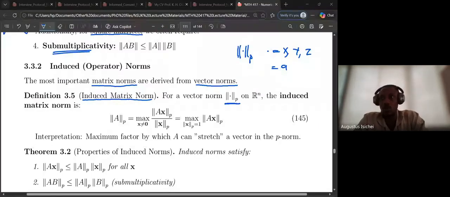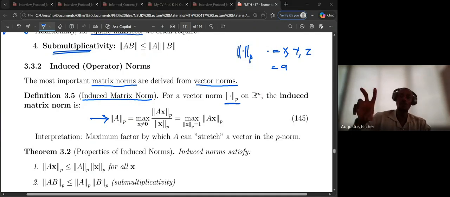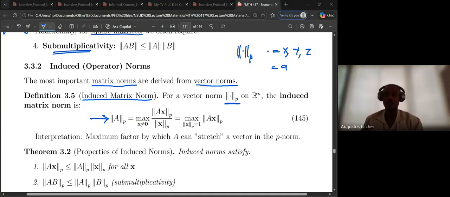But if we're looking at a norm on Rn, the induced matrix norm is given by this. So what do we mean by induced matrix norm? It means that this is a norm that has already been defined in the vector space. I am picking that norm and trying to induce it in a matrix space.